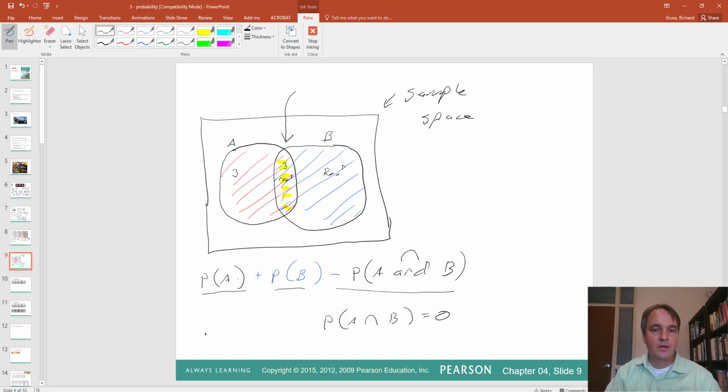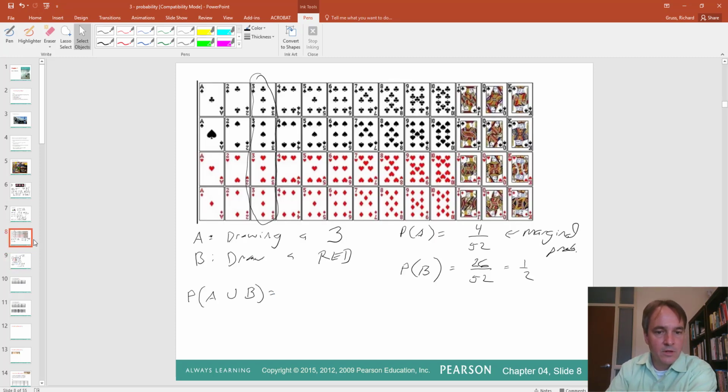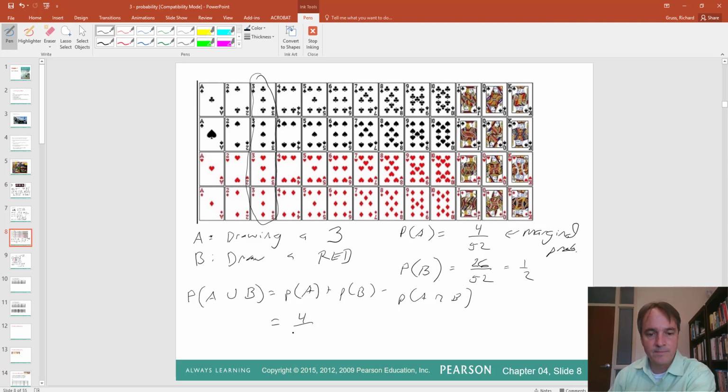So the original problem was we wanted to know what was the probability of A or B. Okay, so all we have to do is now figure out probability of A, add it to the probability of B, and then subtract out their intersection. Okay, so the probability of A, we already calculated it, 4 out of 52.